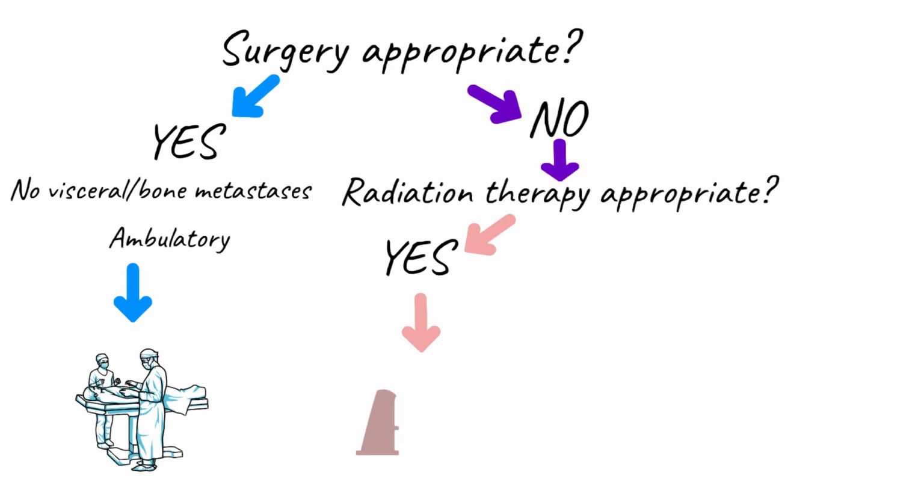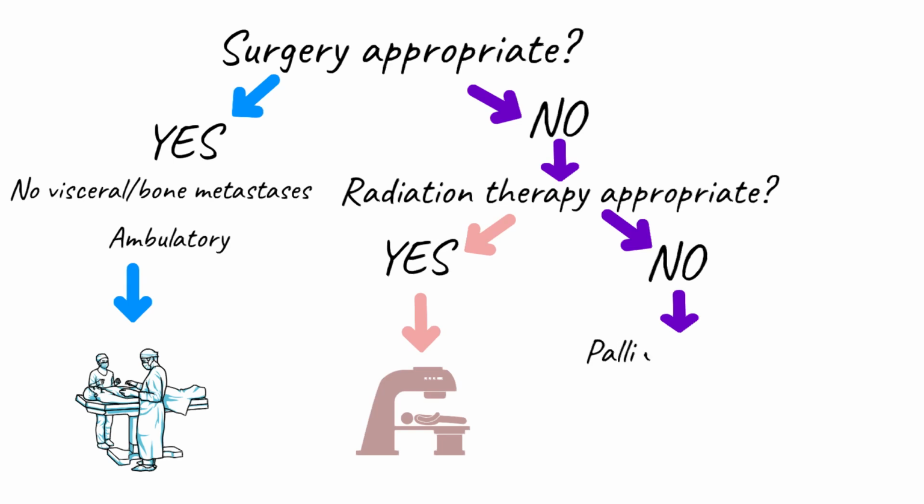Following surgery and radiation therapy, we will reevaluate symptoms and determine further treatment. If the patient is not a surgical or radiation therapy candidate, we will focus on palliative medicine for symptom management, and we will consider a physical medicine and rehabilitation consult for neurogenic bladder and bladder management.